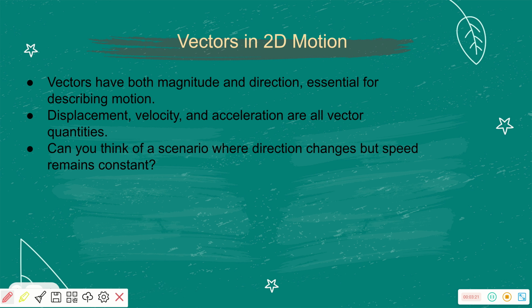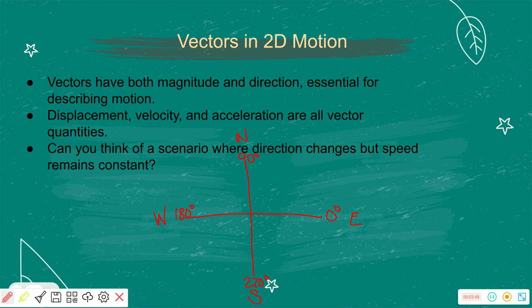So when we're drawing vectors, that's your graph, right? We know that this is 0 degrees, this is 90 degrees, this is 180 degrees, and this is 270 degrees. This is east, this is north, this is west, and this is south.